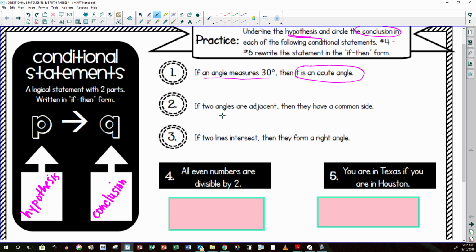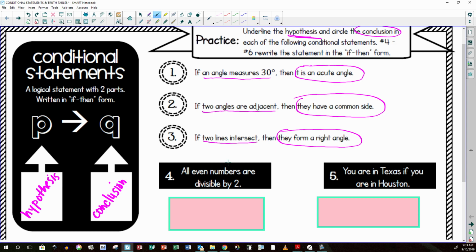So if two angles are adjacent, then they have a common side. So two angles are adjacent comes after the word if, then the conclusion, they have a common side. If two lines intersect, then they form a right angle. So two lines intersect, they form a right angle.